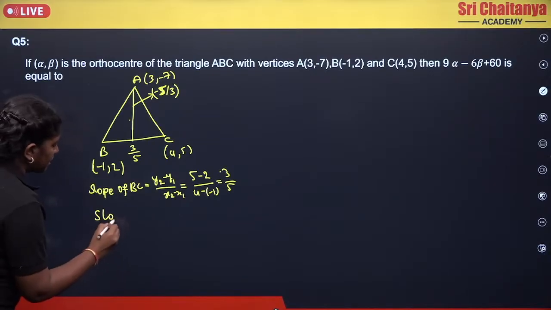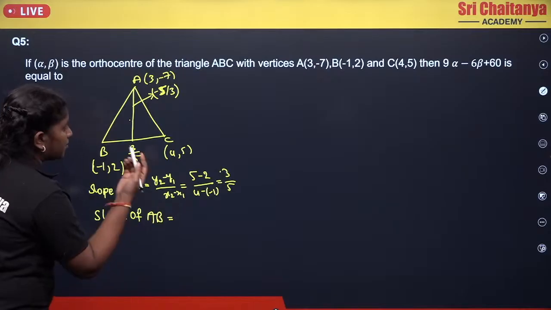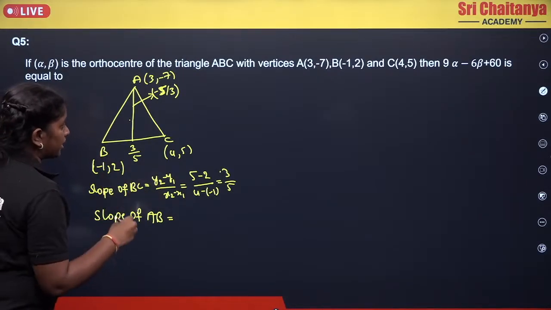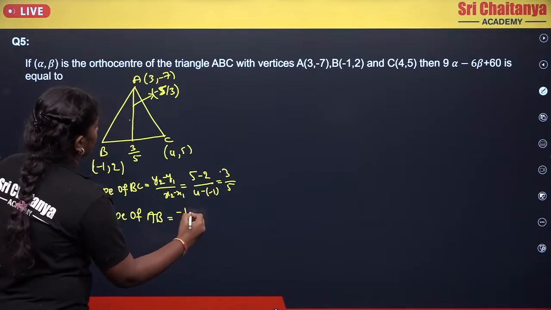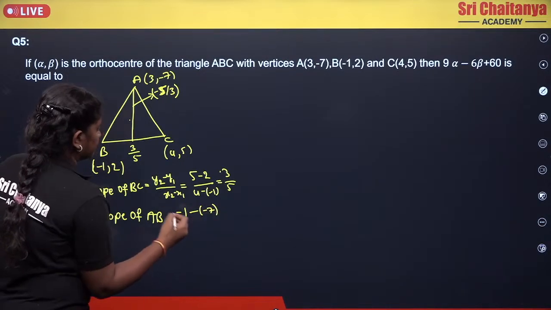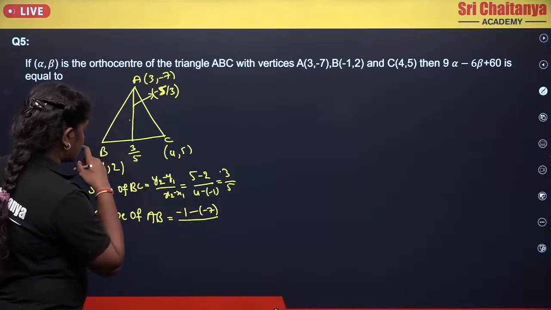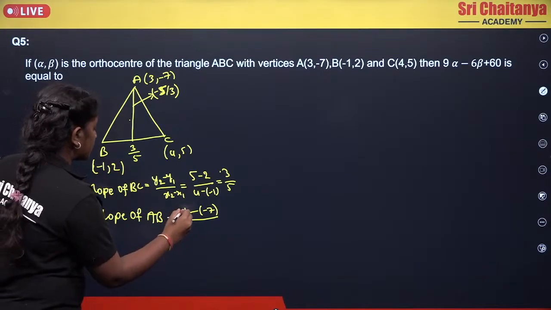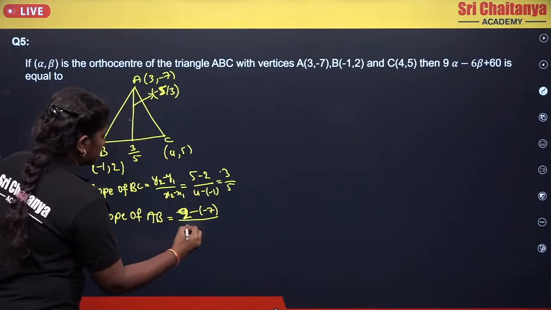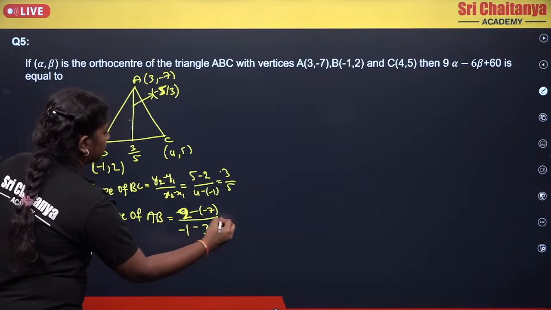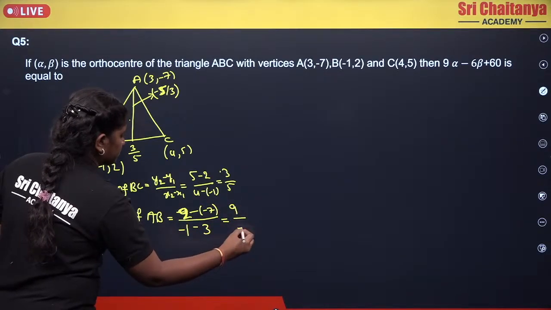Let's take slope of AB. Okay. Slope of AB you can take or slope of AC also you can take. That becomes minus 1 minus of minus 7 by, so coming to your x coordinates, so y coordinates, that becomes 2 minus of minus 7 by minus 1 minus 3, that becomes 2 plus 7, 9 by minus 4.